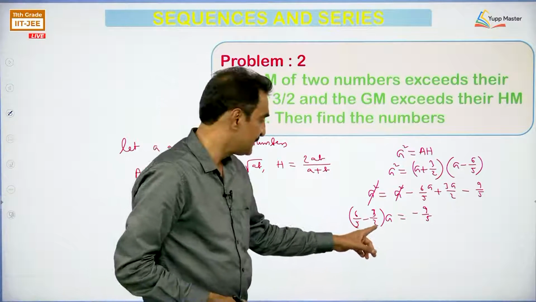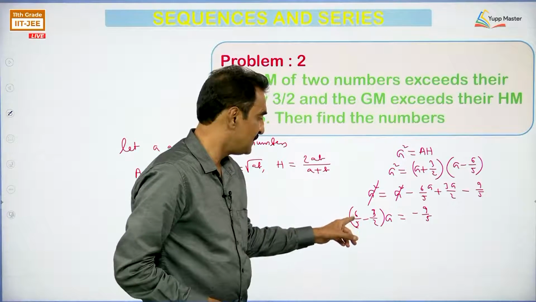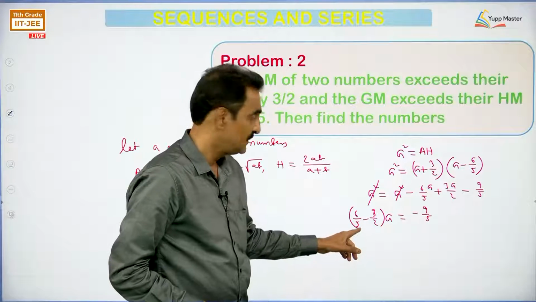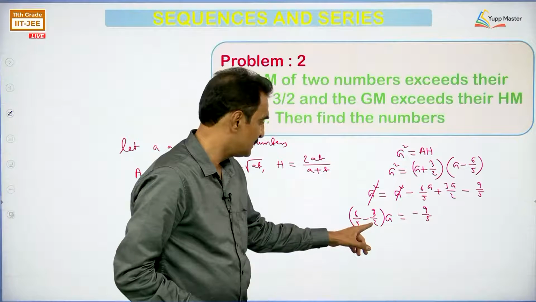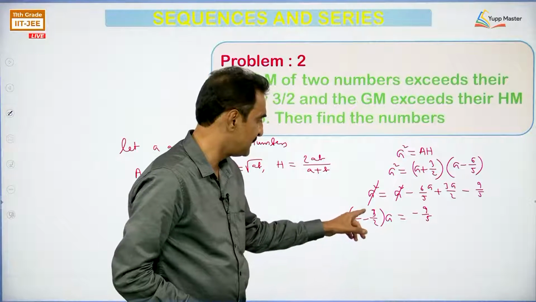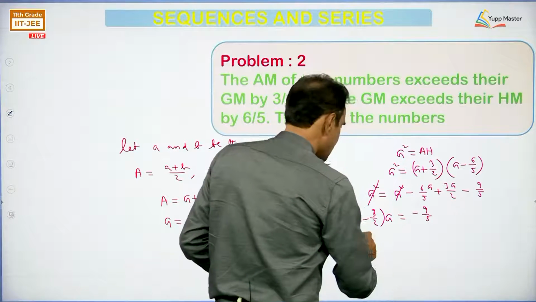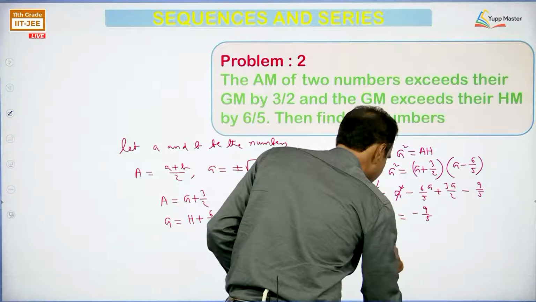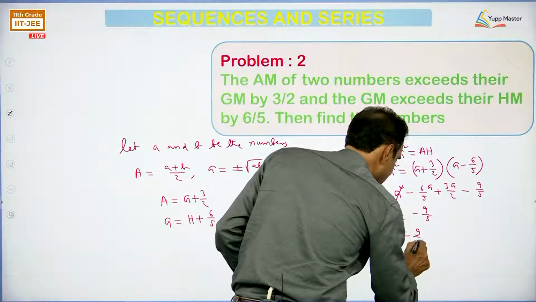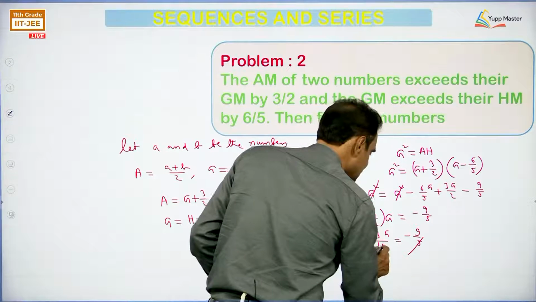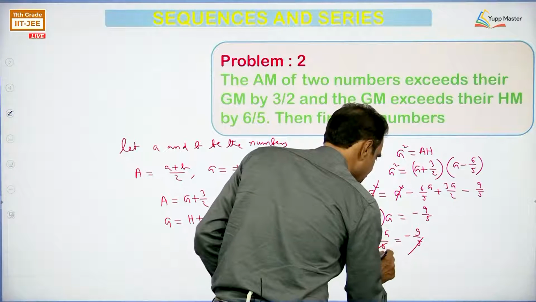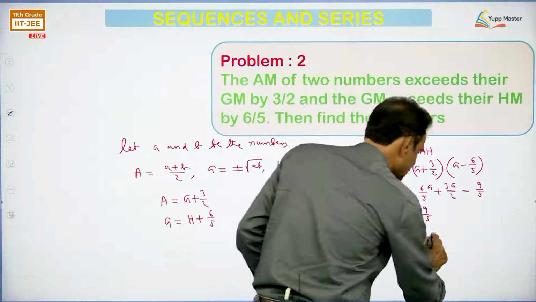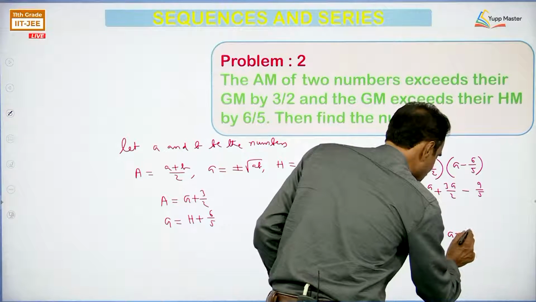What is this? 12 minus 15 is minus 3, over 10. So minus 3G/10 is equal to minus 9/5. So, let us cancel. 5 2s are 10, minus 3 also cancels. So, you will get G is equal to 6.